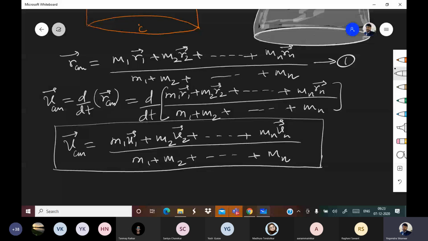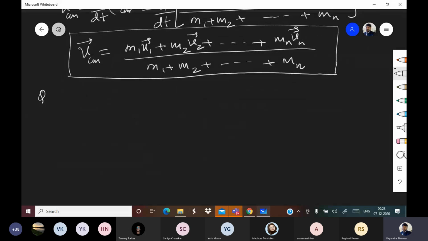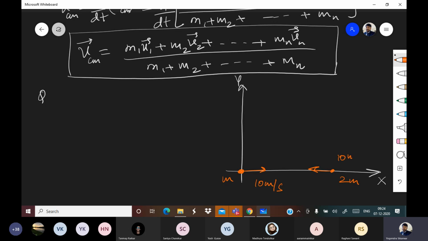Questions. This is x, this is y. m is going with 10 meters per second. This is 2m, going with 10 meters per second.